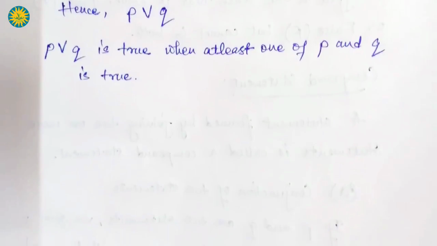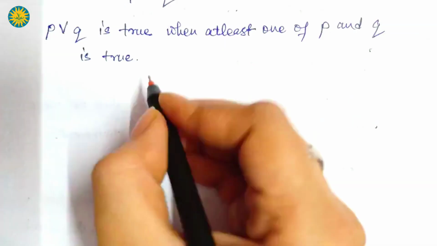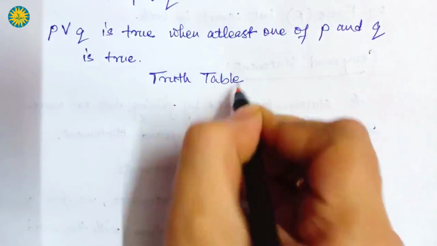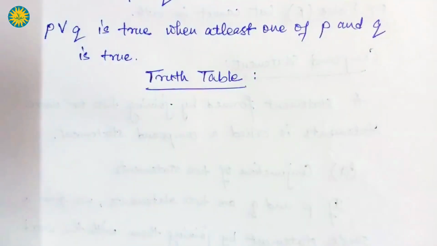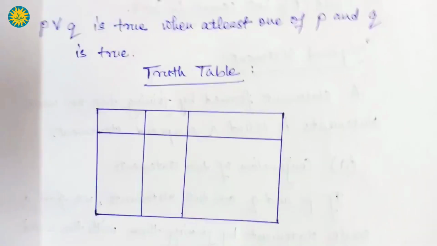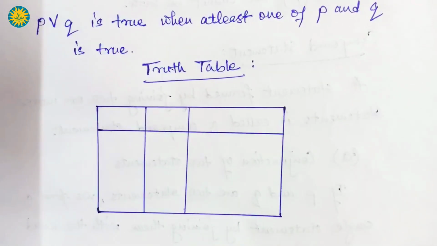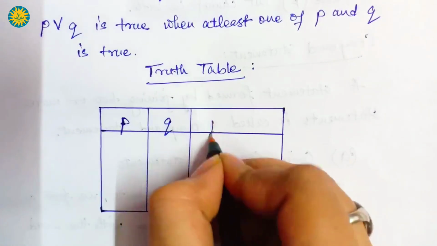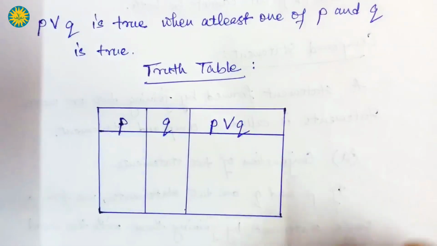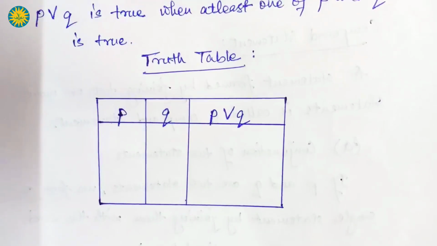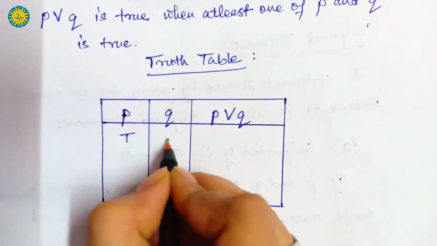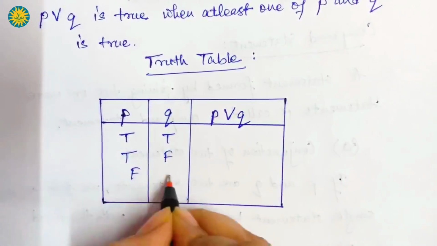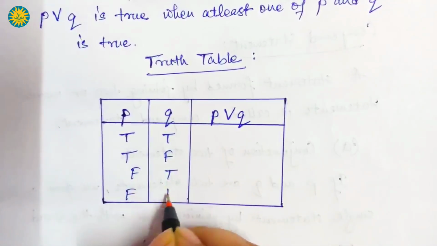So like we made a truth table for and, we will make a truth table for or. We will give the heading just like the previous table, which is P, Q and P or Q. Here also there will be four cases: true, true; true, false; false, true; and false, false.